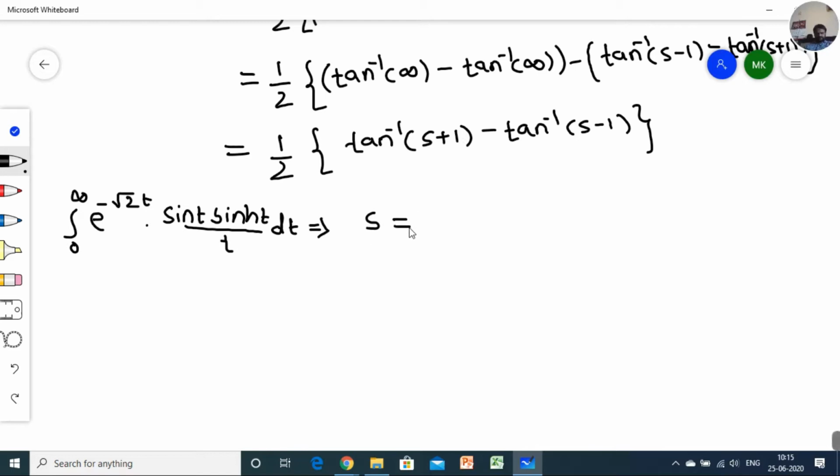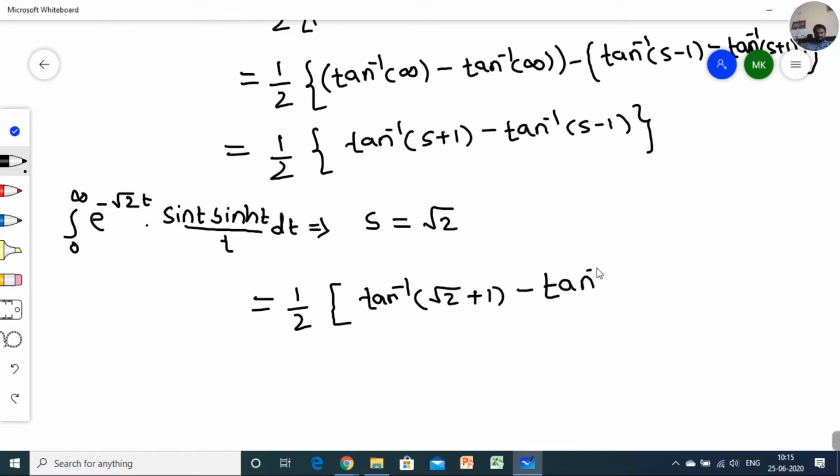So s equal to root 2 in this equation. So by using a calculator you have to use 1 by 2 into tan inverse of root 2 plus 1 minus tan inverse of root 2 minus 1.